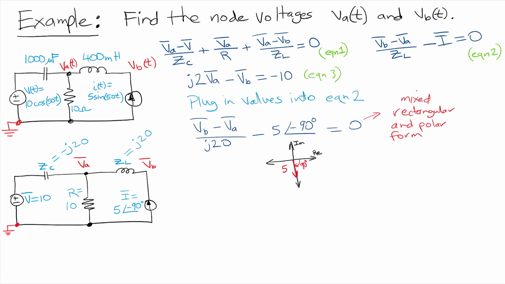And what we're converting is this 5 with a phase angle of minus 90. So what we can see on the complex plane, we have a magnitude of 5 and a phase angle of minus 90. So that results in a vector going down on the imaginary axis, going down, so that's what the minus 90 represents, okay?